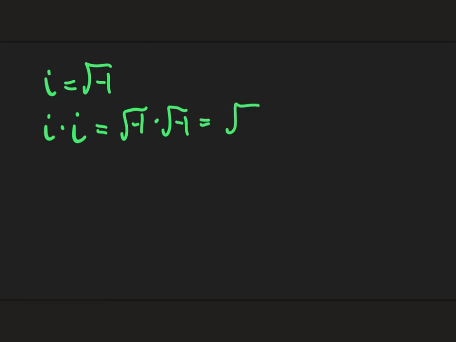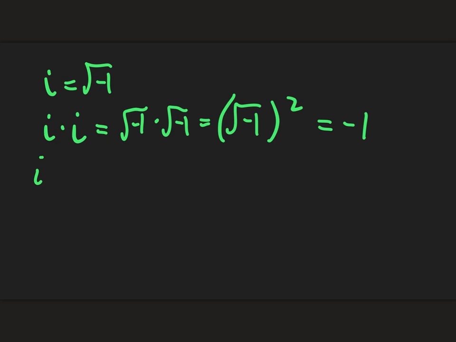So I equals the square root of -1. I times I equals the square root of -1 times the square root of -1, or the square root of -1 squared. And we know when we square square roots, the square root goes away, and we're just left with what's under the square root.